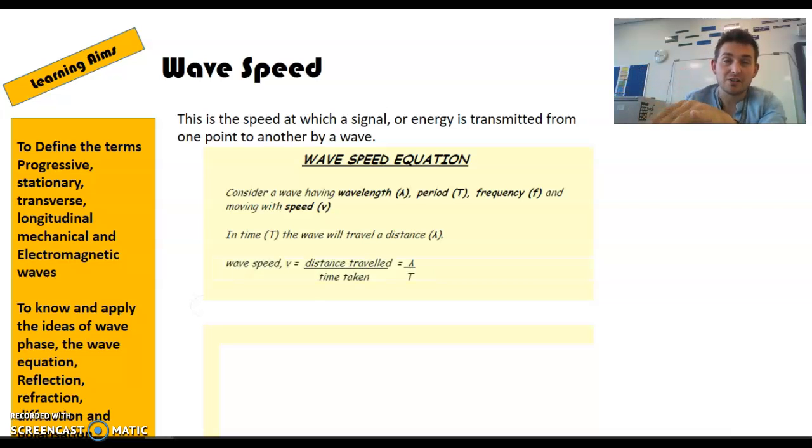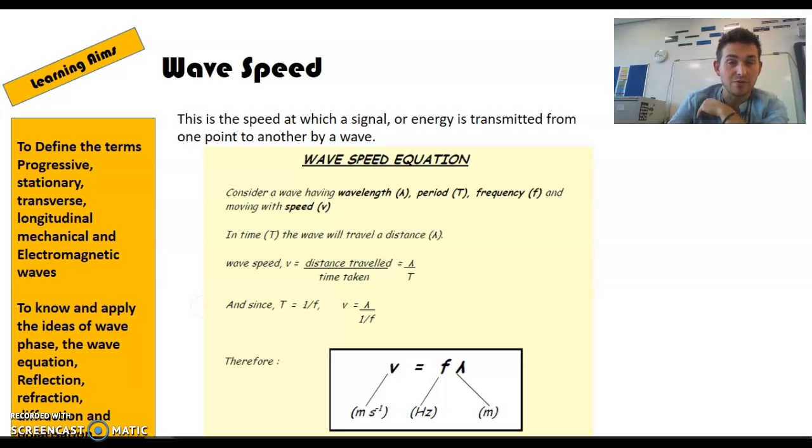That's just a defining feature that we've stated. So the wave speed is the distance travelled over that given time: lambda over T is equal to the wave speed. And if you state, as we did previously, that frequency is 1 over the time period, it leads to the equation v equals f lambda, where wave speed is equal to the frequency times the wavelength.